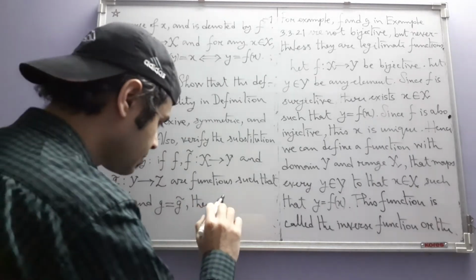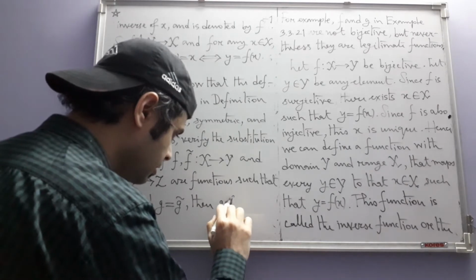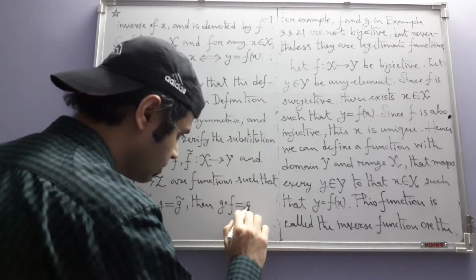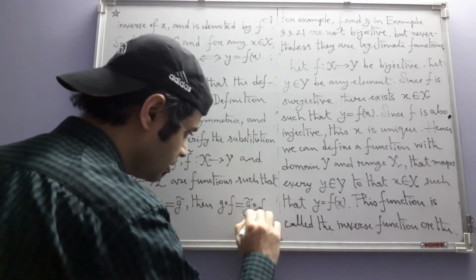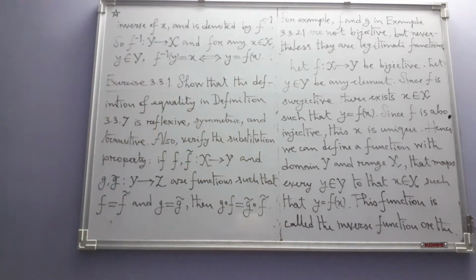Then g composition f is equal to g tilde composition f tilde. This is the first one. So let's see the solution.